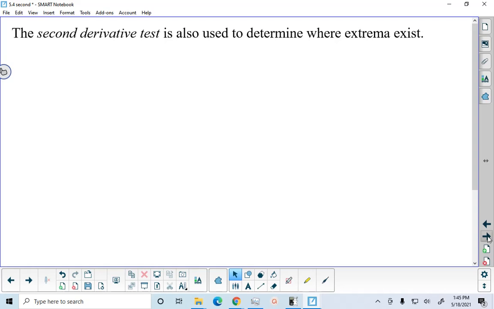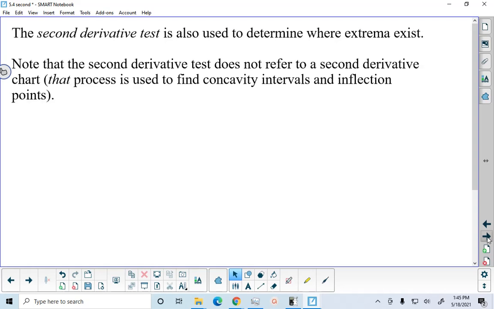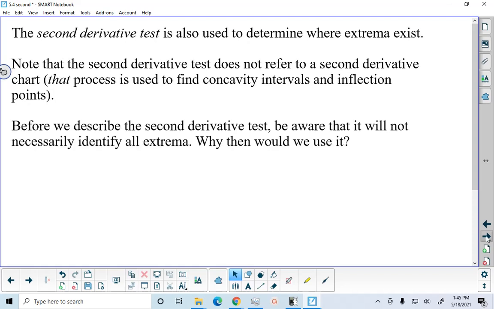That's just a second derivative analysis. So the second derivative test is used to find max-mins, but it's limited. The second derivative test doesn't always work.